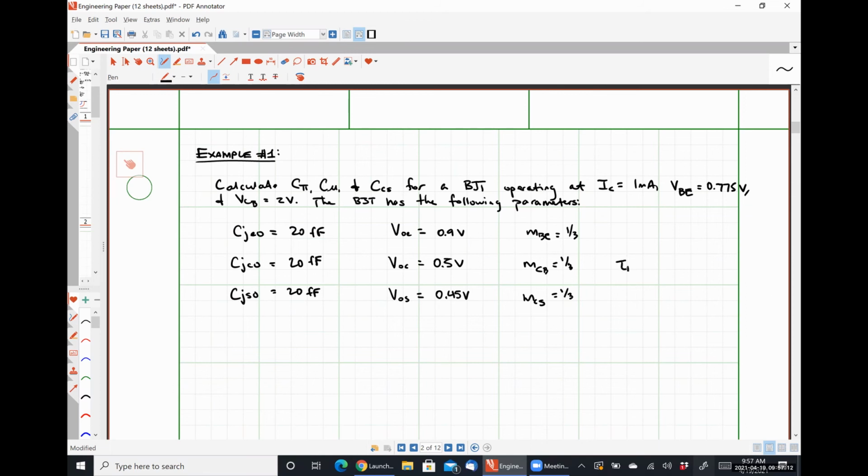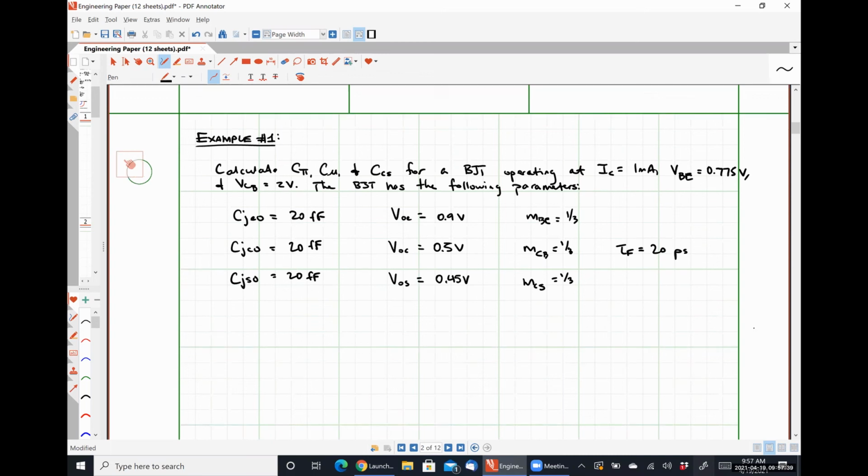And finally, our forward base transit time is going to be 20 picoseconds. This value typically ranges somewhere between 1 picosecond and 100 picoseconds, because you have to recall from 335 that the actual width of the base is the shortest distance in a PN junction by far.